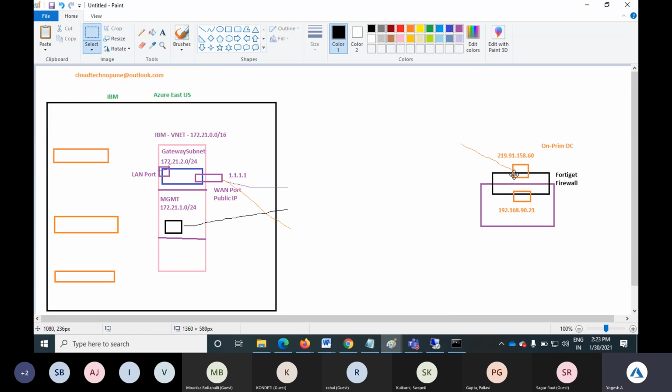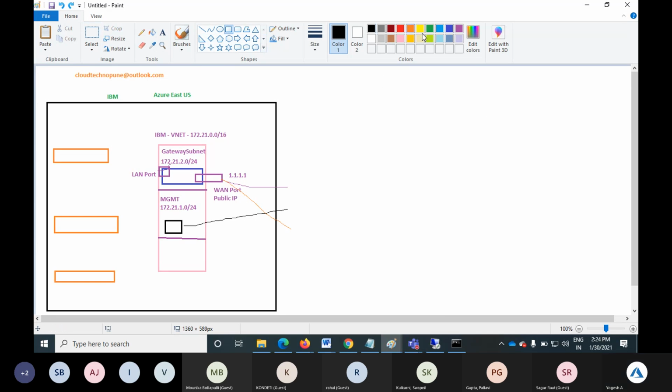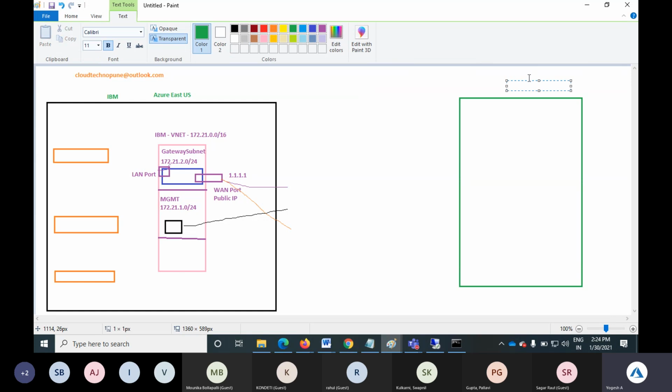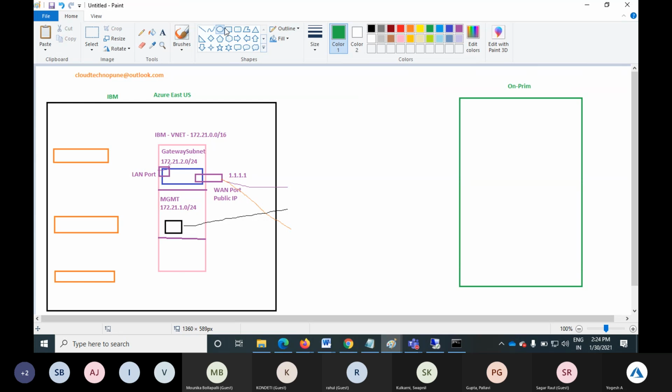Okay, so this is my on-premises infrastructure. So this is firewall. Let me create a new one. This is on-prem. This is the FortiGate firewall.